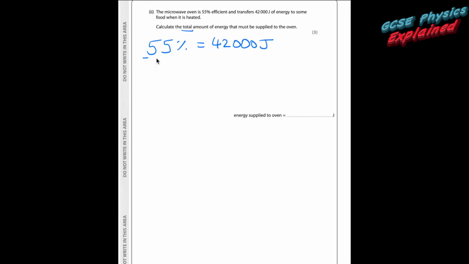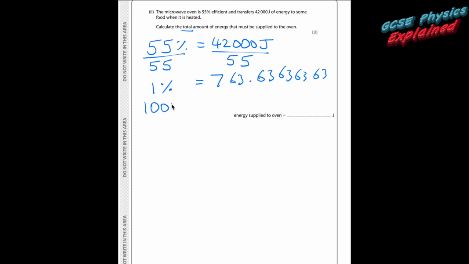So if we divide both sides by 55, that'll tell us what 1% is. 763.63636363. If we multiply both sides by 100, then that'll give us 100%. 76,363.6 joules.